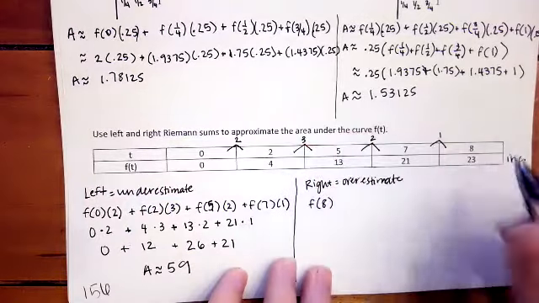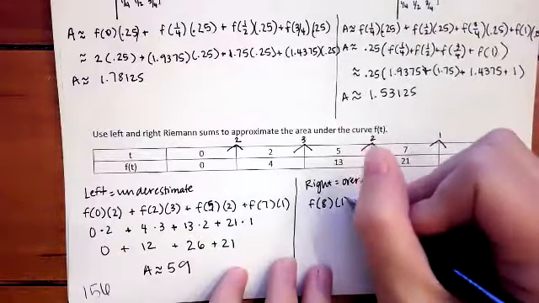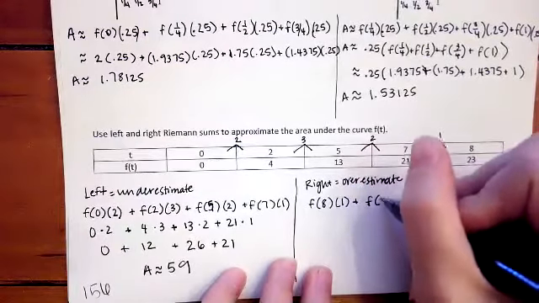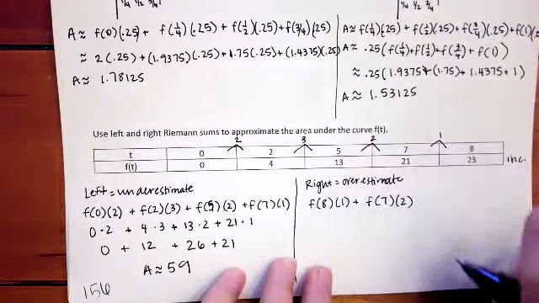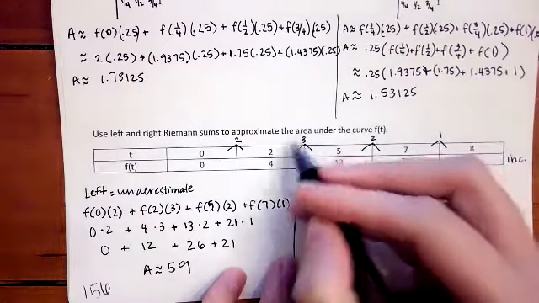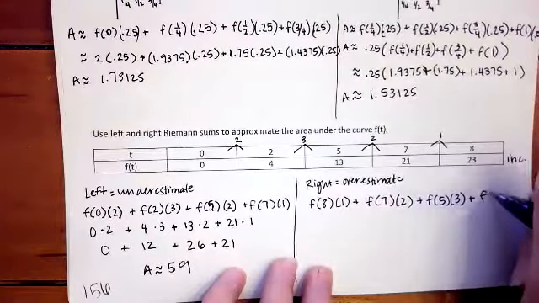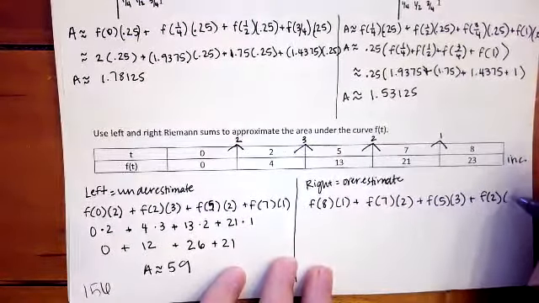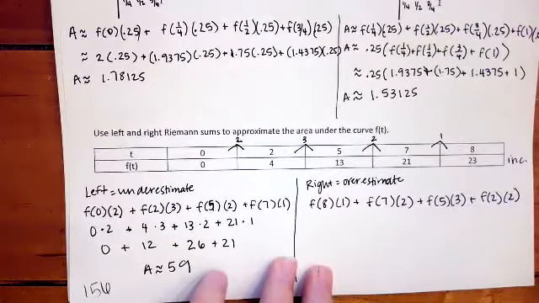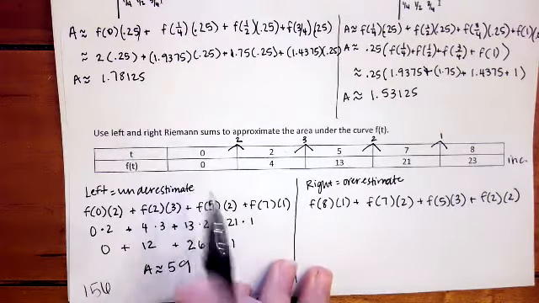I'll start by taking my rightmost endpoint, which is f of 8, to leap back to 7, that's a 1. F of 7 with a leap of 2. F of 5, going backwards with a leap of 3. F of 2 with a leap of 2. Okay. And again, we're leaving off f of 0 because that's our leftmost point.